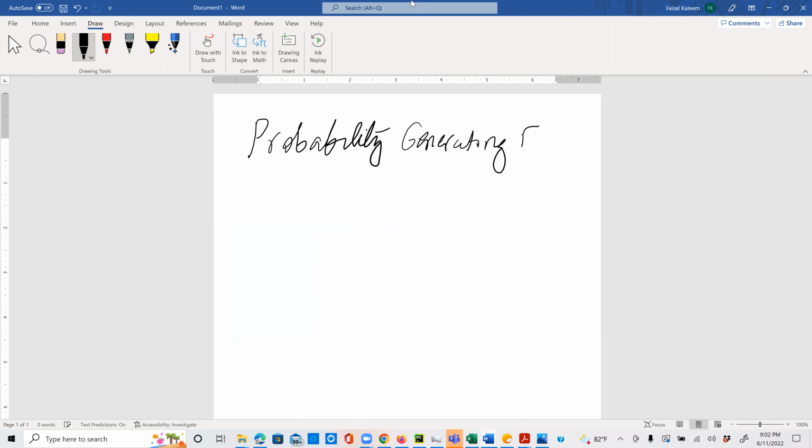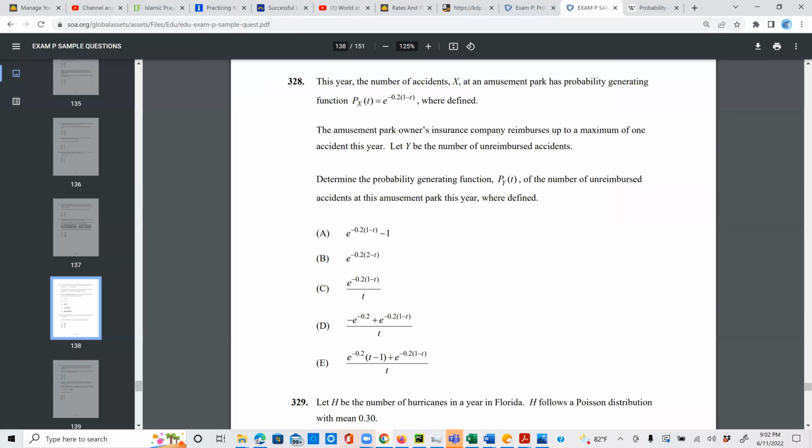Here, let's use the same notation that they are using in this problem. They're using P_X for the probability generating function of X.